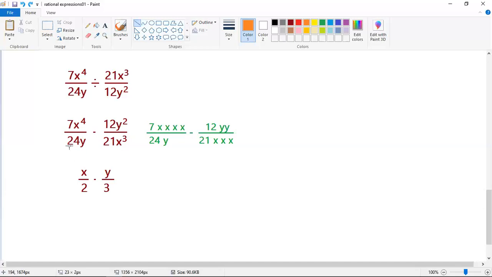The 12 and 24 can be divided by 12. So 12 by 12 is 1. 24 by 12 is 2. So you're getting an x over 2 times y over 3. So finally, you have xy over 6 because 2 times 3 is 6. There is no need for the restriction because 6 as a denominator is constant.